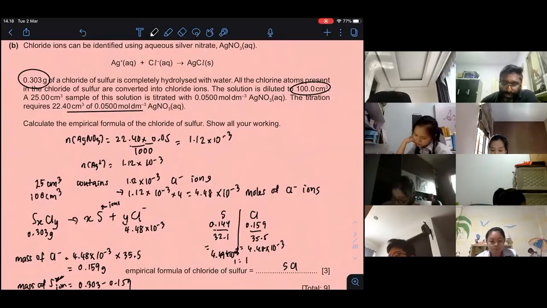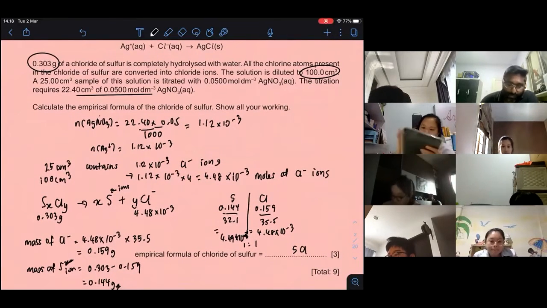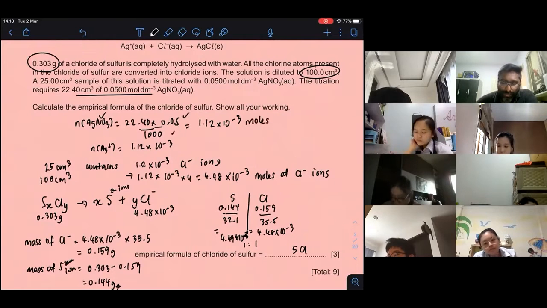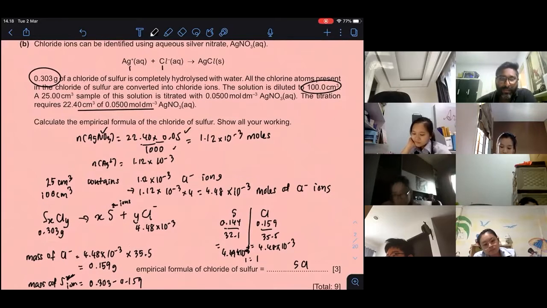So what we can do is find out the number of moles of silver nitrate. So calculate that: this one times, and then divide by 1000, you get the number of moles. And I know every 1 mole reacts with 1 mole of this. So this is the number of moles of silver ions.